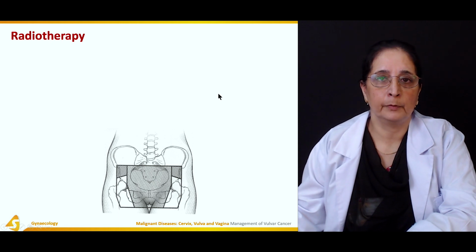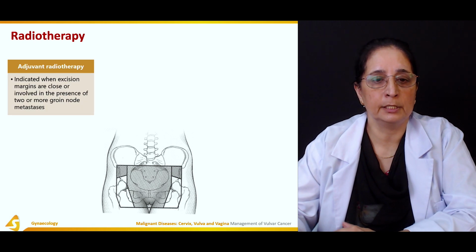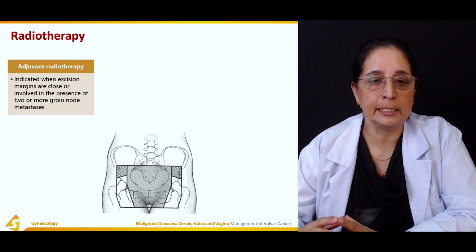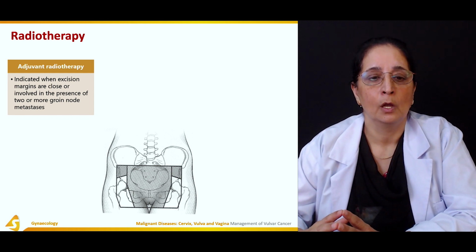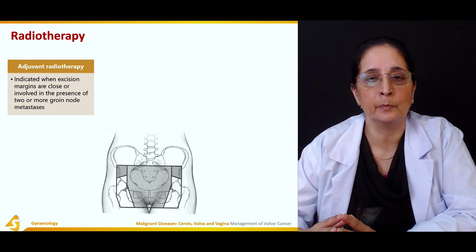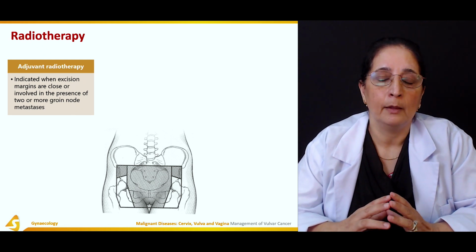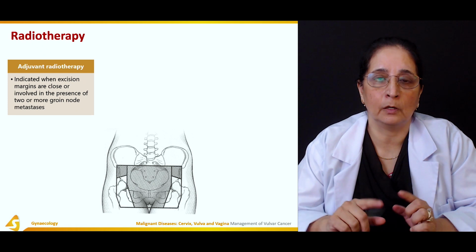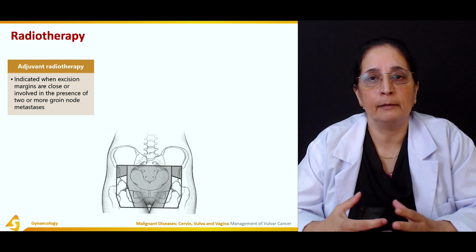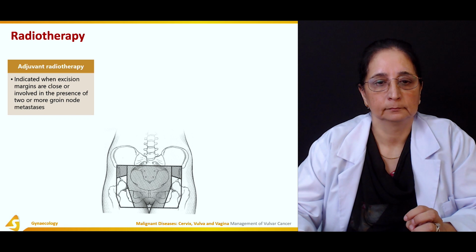Radiotherapy is also performed, in which we have the adjuvant radiotherapy, which is indicated when excision margins are close or involved, or in the presence of 2 or more groin node metastases. So adjuvant radiotherapy is important when the margins of the excised area are close and when there are lymph nodes involved in the groin region.